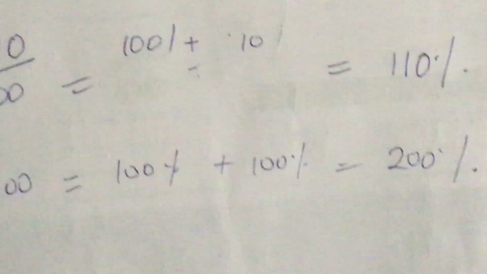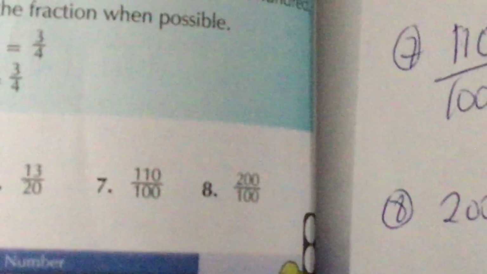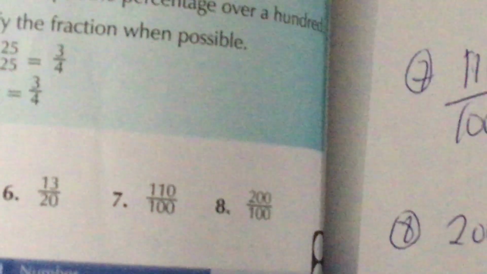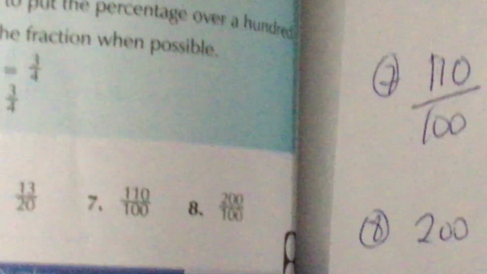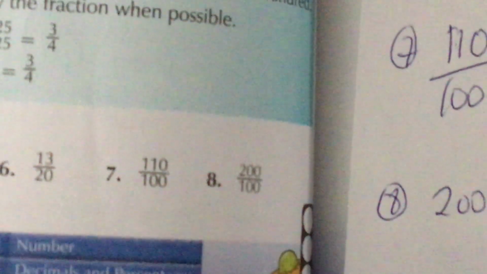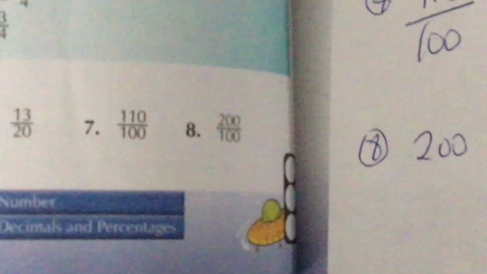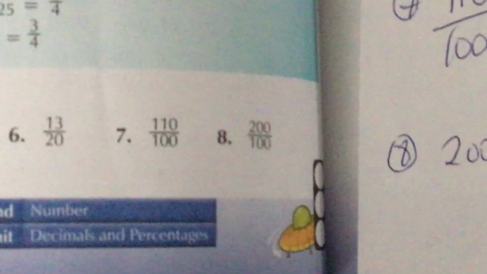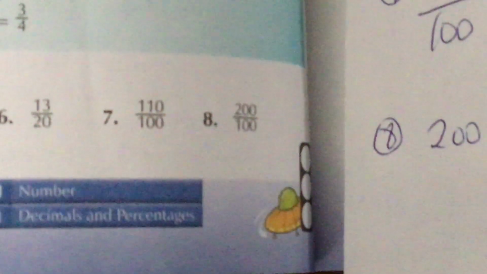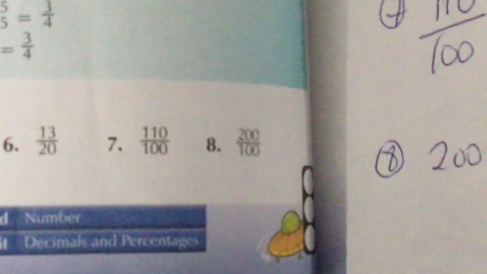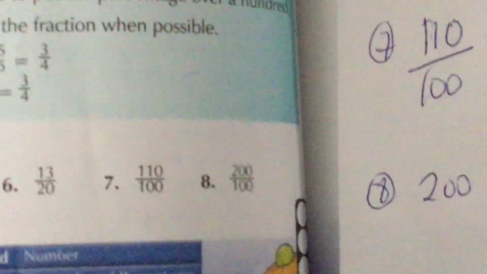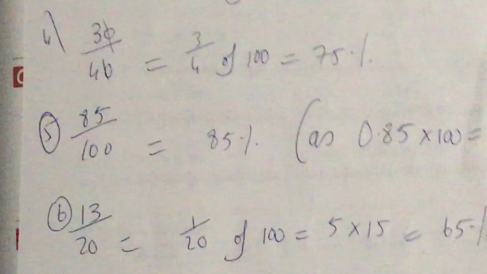If you knock off the 2 zeros on top, you must knock off the 2 zeros on the bottom, right? And you're left with 2 over 1, and 2 over 1 is 2. And 2 is 2 whole numbers, so it's 1 plus 1, so 100 and 100 is 200%. 3 would be 300%. 300 over 100 would be 300%. 400 over 100 would be 400%. It would be 4, but 400% because it's a whole.